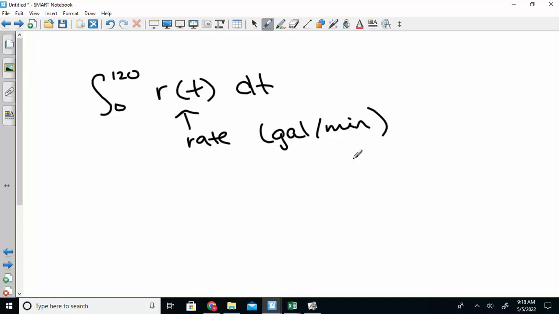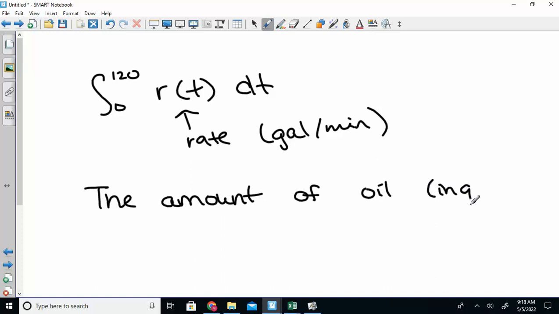So down here, our rate is in gallons per minute, so when I go backwards, it's giving me the amount, the gallons. So going backwards, this would be the amount of oil in gallons.